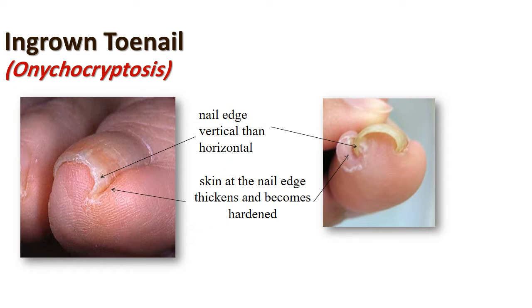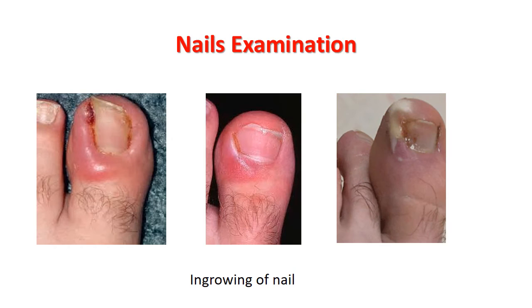In ingrowing of nails, like you see, the nail edge grows vertical rather than horizontal, and skin at the nail edge becomes thickened and hardened and allows entry of superadded secondary bacterial infection, leading to injury.